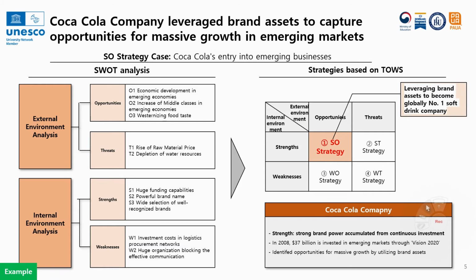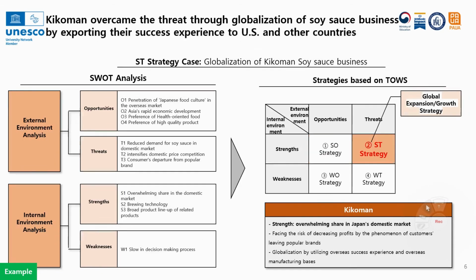So they invested a lot of money in emerging markets. And in entering the emerging markets, they tried to leverage their strengths. One of their strengths is strong brand power. Okay, so they took the SO strategy based on the SWOT analysis. Okay, that's the case of Coca-Cola.